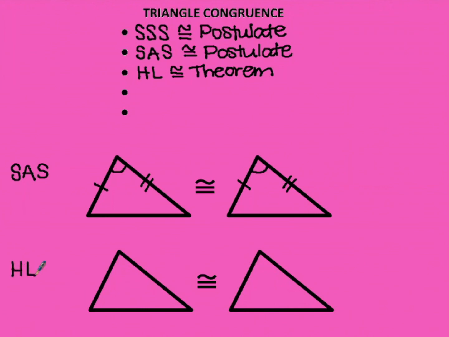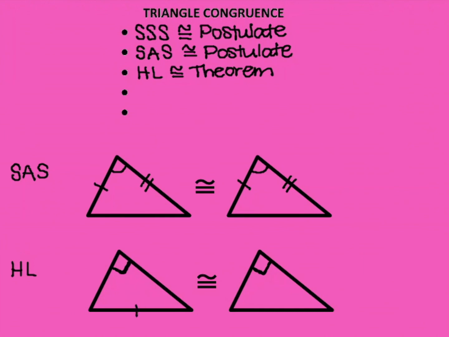The next set on there, let's mark an HL. I think the closest on these to right angles are probably these top angles. Let's mark those as our right angles. And if those top angles are the right angles, where would the hypotenuse be? The hypotenuse is always across from the right angle.